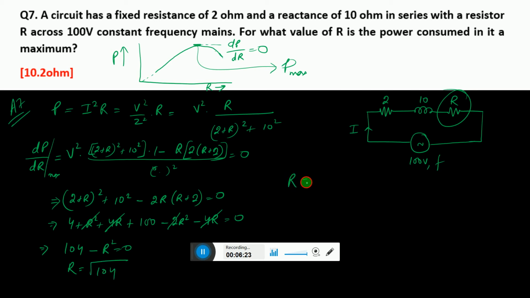So how much do you get? R is 10.2 ohms. So the value of R is 10.2 ohm at which the power is maximum. So that comes to the solution of question number 7.